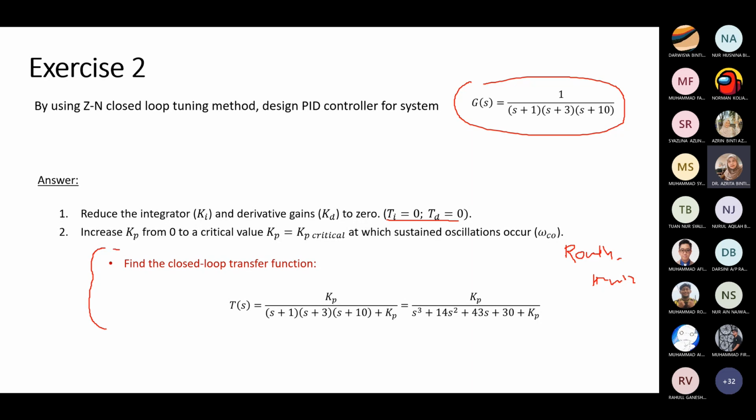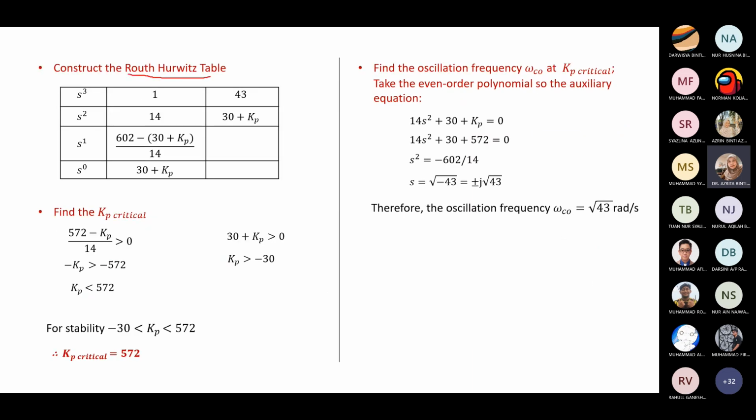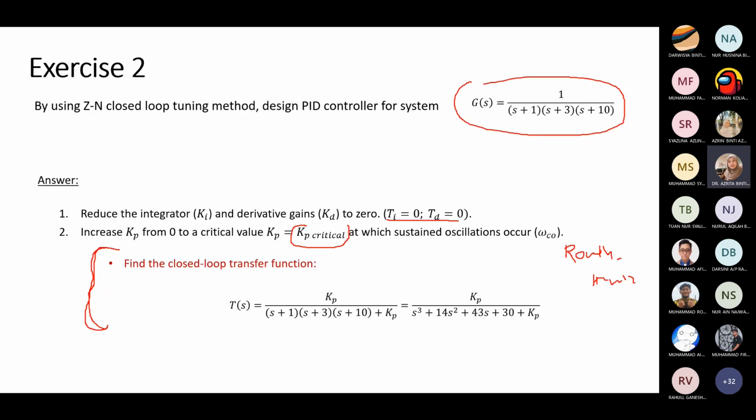Okay, so for the theoretical approach, to find the value of Kp critical, we will apply the Routh-Hurwitz technique. How to apply it? If you remember, you need to first find the closed loop transfer function. So if you have any system, you need to simplify your system until you obtain a single transfer function like this.